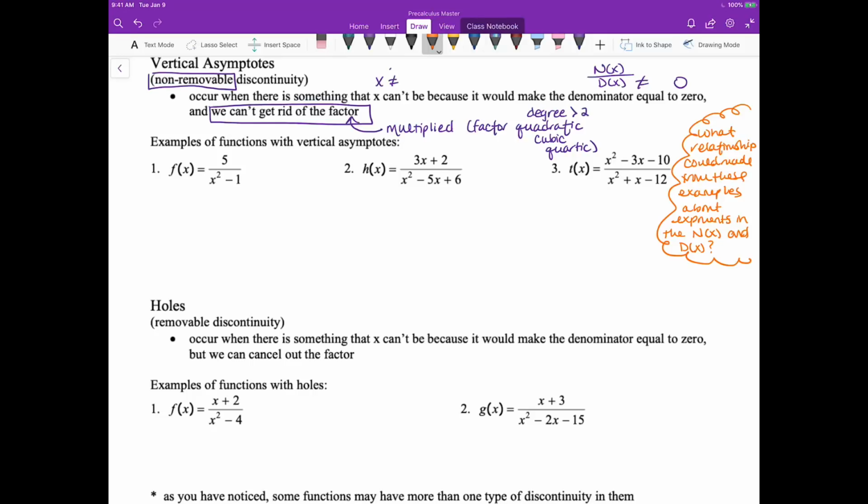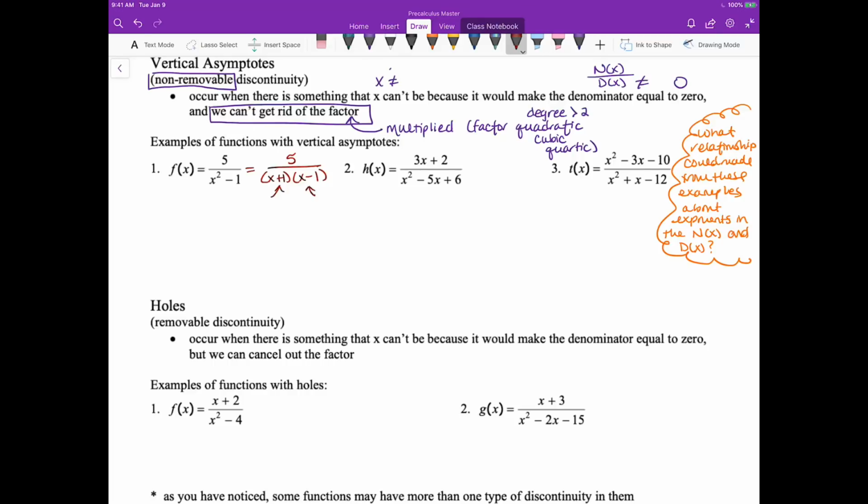So if we factor this first equation, we get 5 over x plus 1 times x minus 1, and there isn't a factor that cancels out. So both of these factors don't cancel out. There's not one up top, one on bottom. Well, they wouldn't cancel out, they would reduce, right, because they would equal 1.